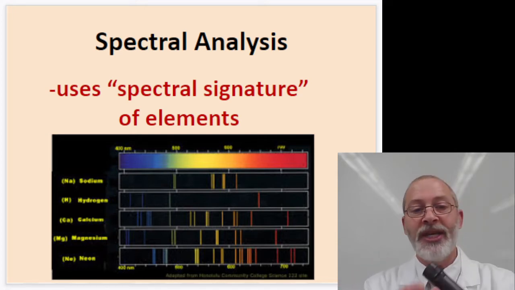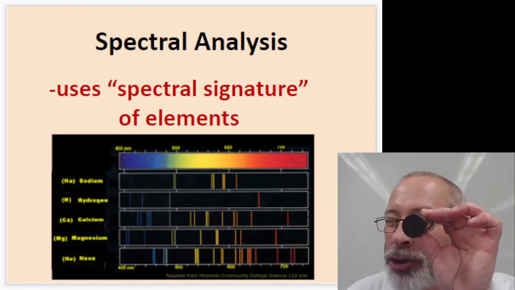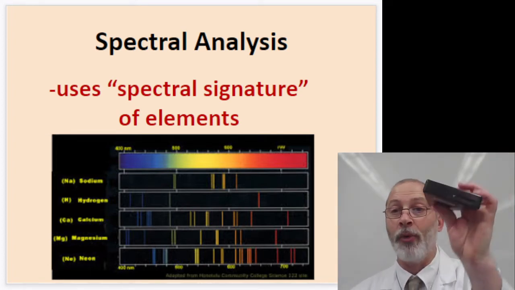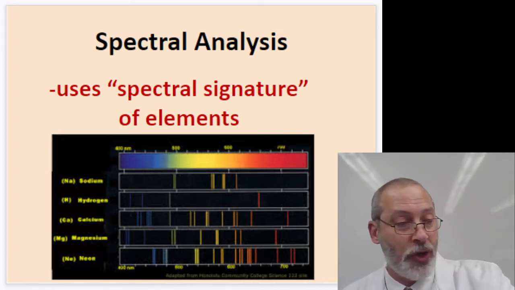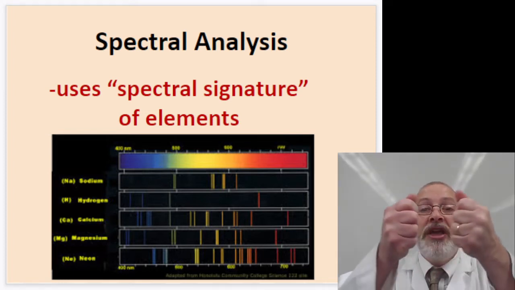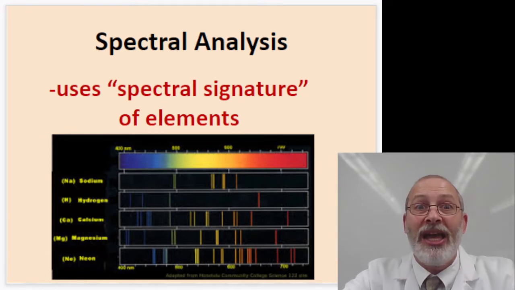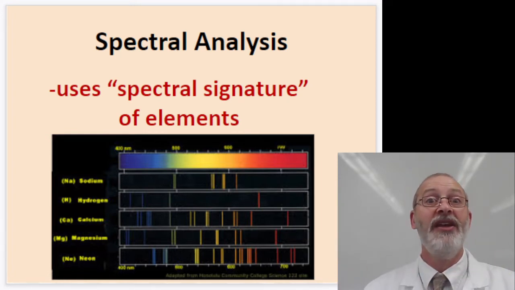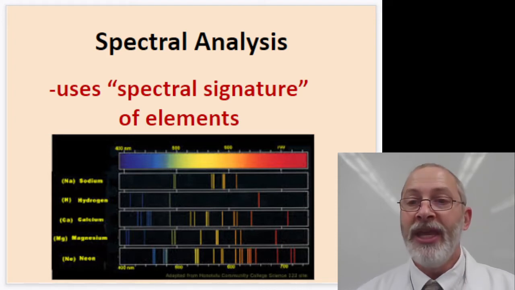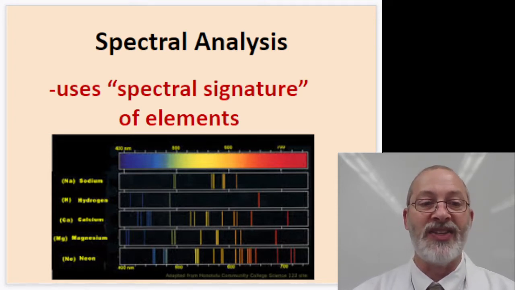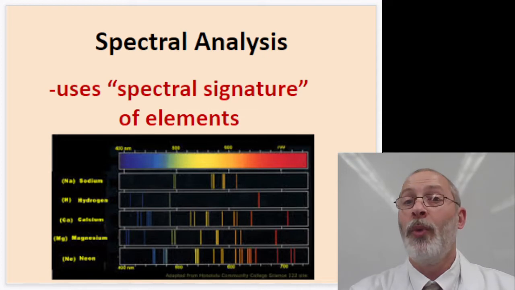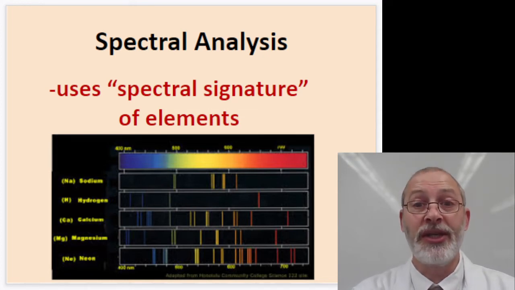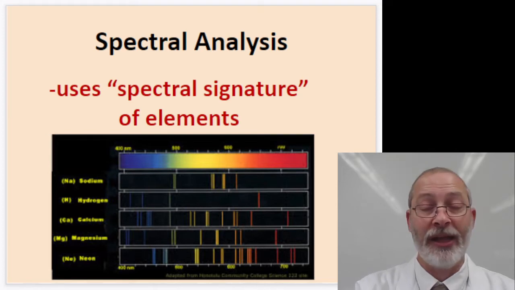Using a spectroscope, whether it's a simple spectroscope or a more complicated one, we can stretch that light apart into its fundamental portions of the visible light spectrum in order to identify the exact wavelengths of light, the spectral signature of the different elements.